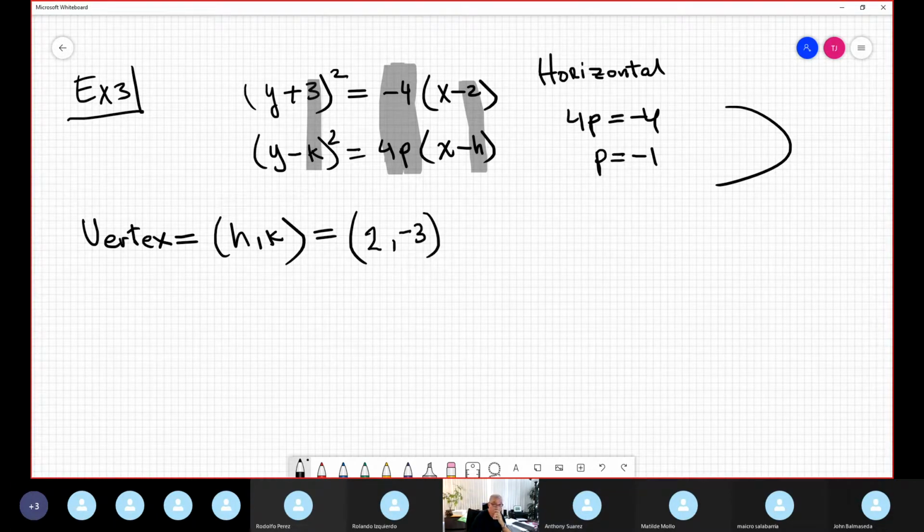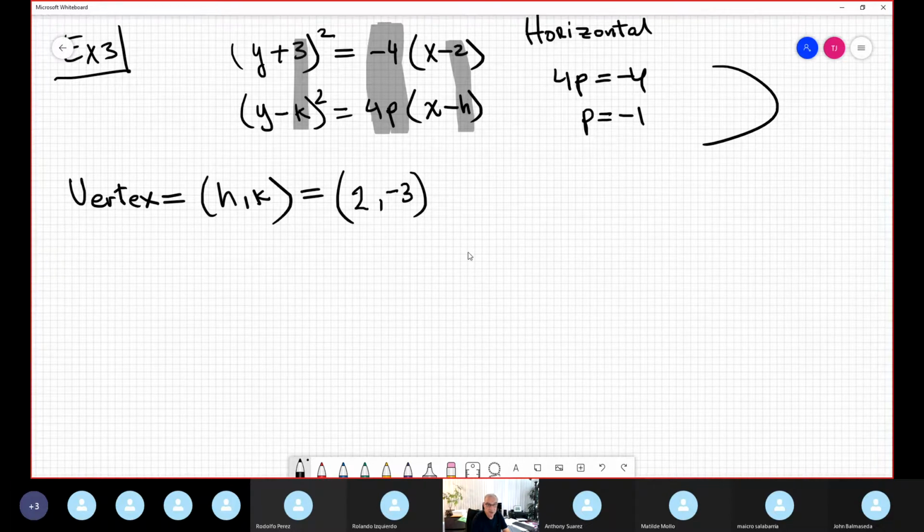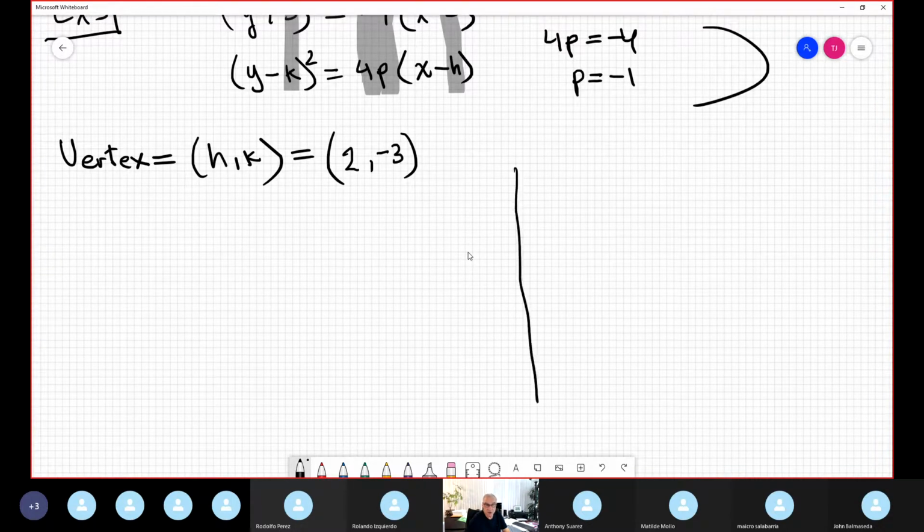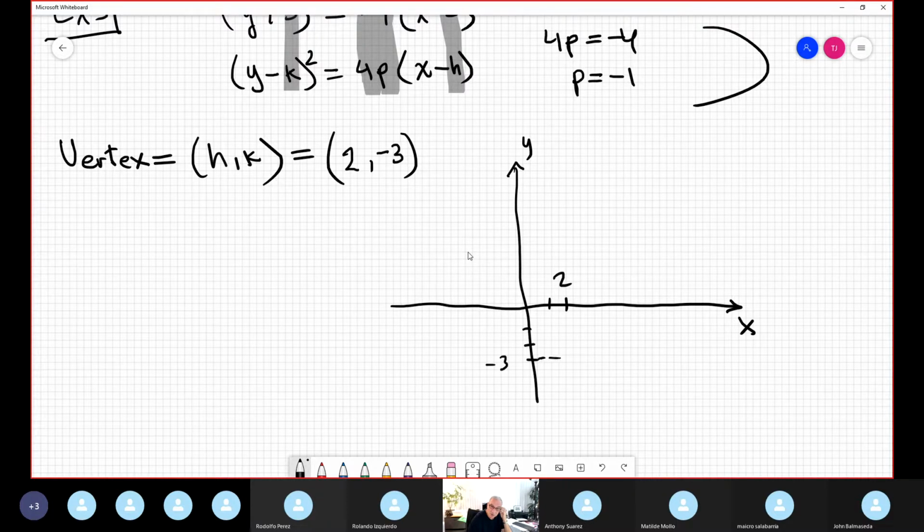No big deal, right? Okay, so let me try to do by hand a rough sketch of our parabola. I need more space. The rectangular axes, like that. And our vertex is located at (2, -3). This is the vertex.